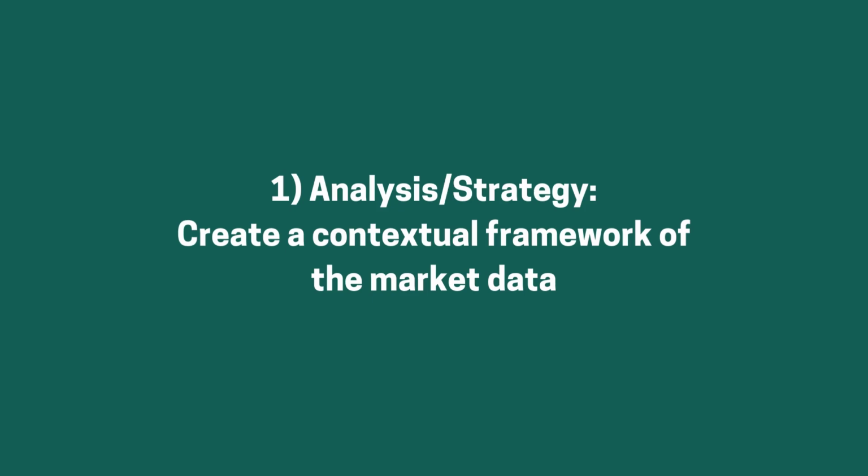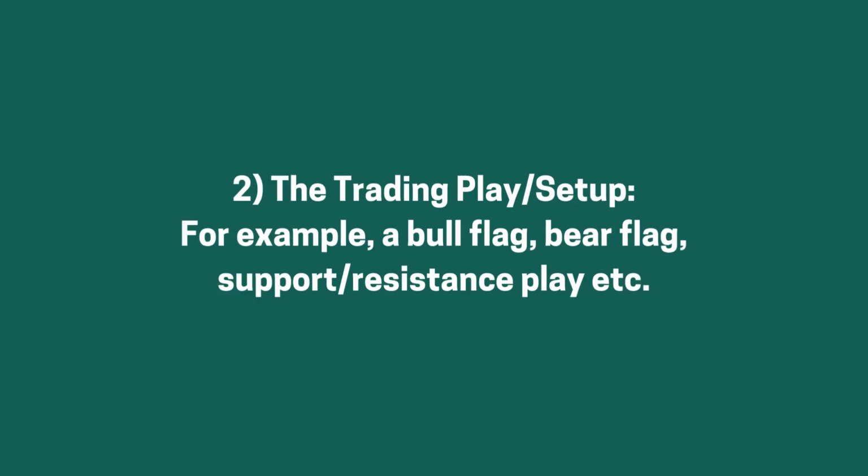It starts with your overall strategy, your analysis. This is where you build context. You create a contextual framework. Then you have specific plays that you trade. It could be a bull flag, it could be a bearish flag, it could be a support resistance bounce play.